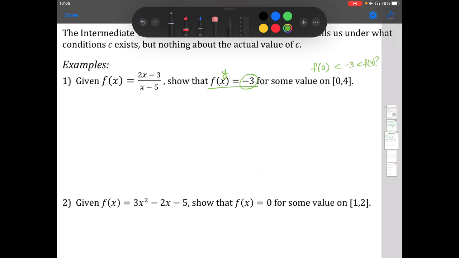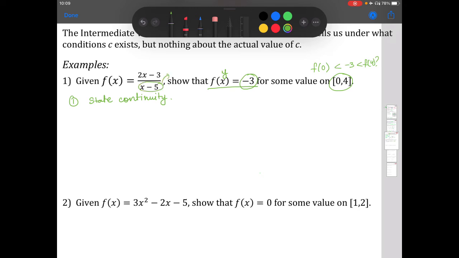Before we even start checking that, I need to first check if this function is continuous over this interval. So the first thing always is to state continuity. Let's write that down. That is what you're going to be doing all the time when you're trying to prove the intermediate value theorem, because the definition itself says if f is a function that is continuous, so you must do that.